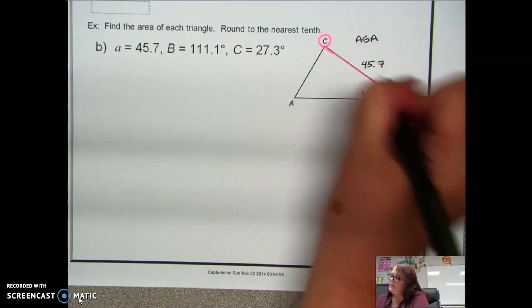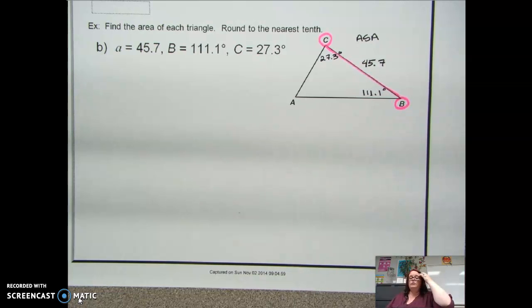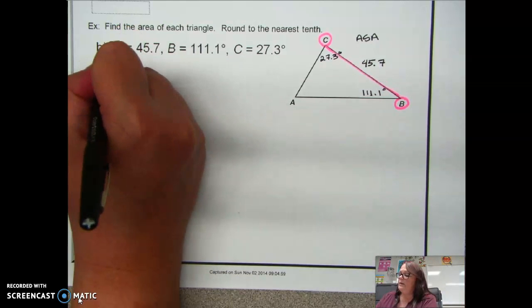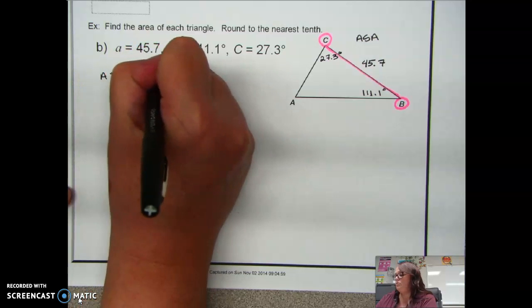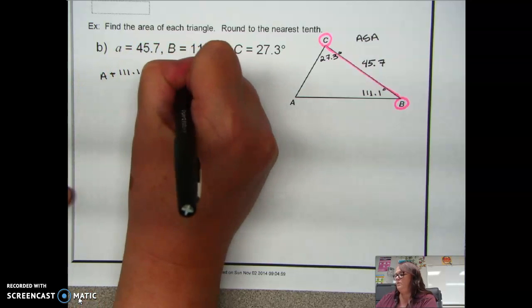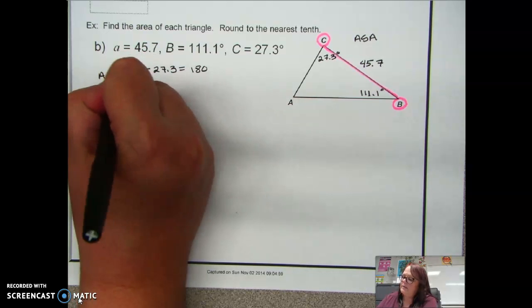And I have big C is 27.3. So the first thing I want to do is find big A. So we have A plus 111.1 plus 27.3 gives me 180 degrees. So if I do 180 minus 111.1 minus 27.3, that gives me 41.6.